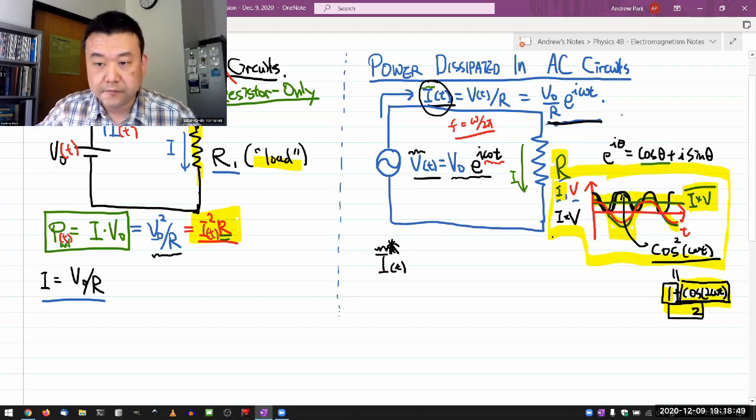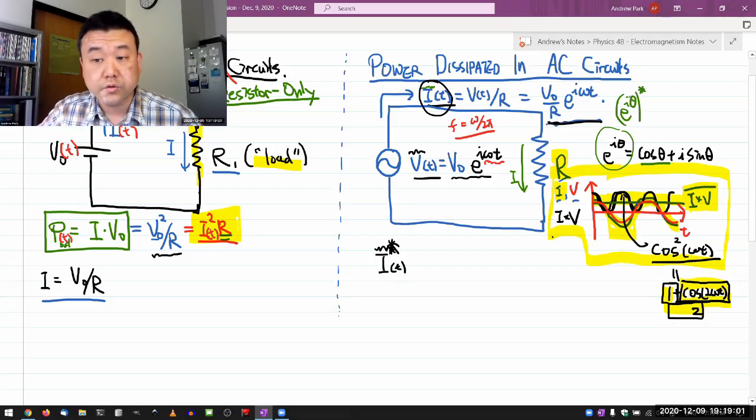Let's say I have some complex number, and I want the complex conjugate of this quantity. To obtain the complex conjugate, all you do is take the imaginary i and change it to a minus i. So this complex conjugate here will be e to the minus i theta, where theta is a real parameter.